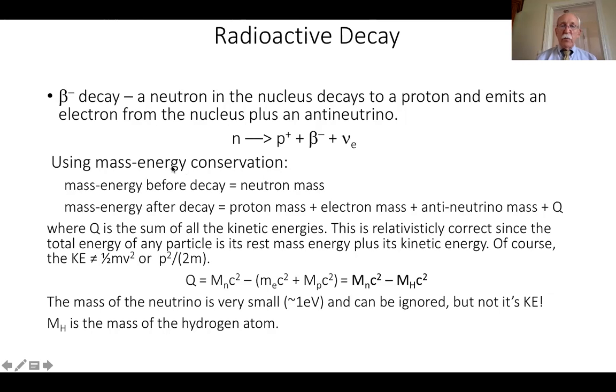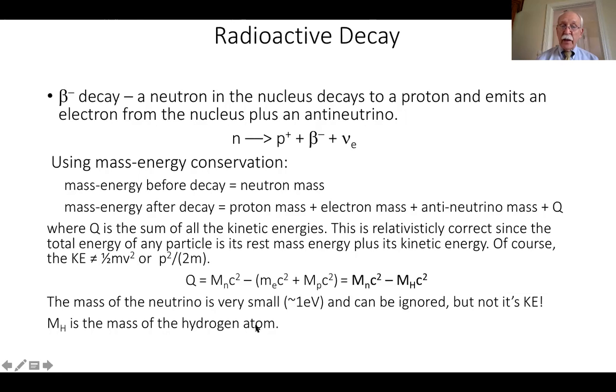So if I use mass energy conservation and I include in here something called the Q, I'm going to say the mass energy of the neutron is going to equal the mass energies of the proton, the beta, and the neutrino, plus the sum of all the kinetic energies, and that's the Q. Now, this is a relativistically correct way to describe what's happening here, since the total energy of a particle is the kinetic energy plus the mass.